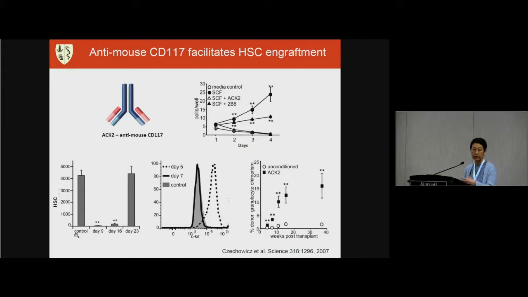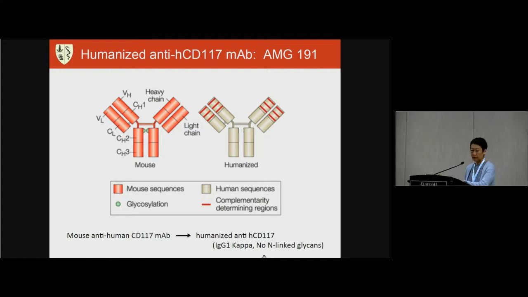So then she transplanted the animals at around day 9. And this again becomes important as we think about using the antibody in the clinical setting. So as you can see, there's engraftment here. This is engraftment of the granulocytes, and that turns out to be a good marker actually for the stem cell engraftment, which she showed.